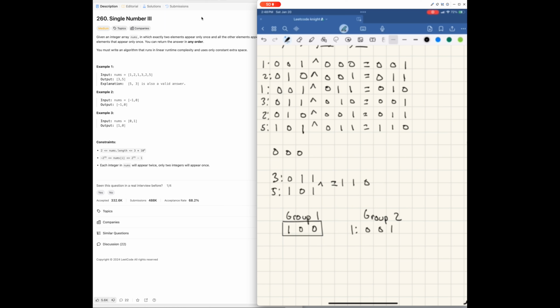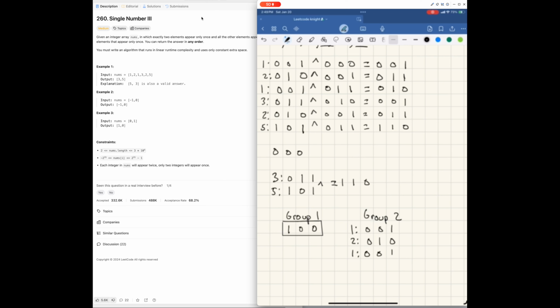All right, the next number, 0, 1, 0. Same thing here, right? So we put it in group 2. All right, again, same thing. 0, 0, 1.